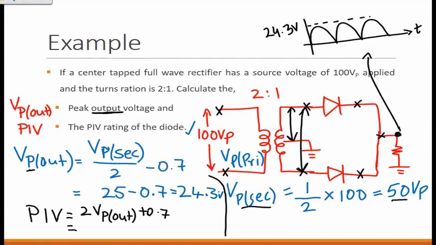It's 2 times 24.3, the peak output voltage, and you add 0.7 to it. So 48.6 plus 0.7 is about 49.3 volts. If the center leg opens, then you have 50 volts output, correct?